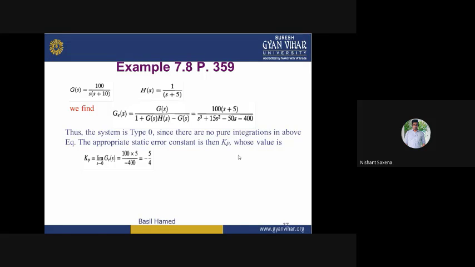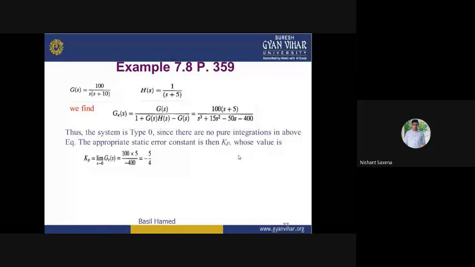That means how is the type of the system being generated? By the number of poles residing at the origin. If we have no poles at the origin, then such a system is called a type 0 system. And if we have one pole at the origin, then such a system is type 1, and so on.